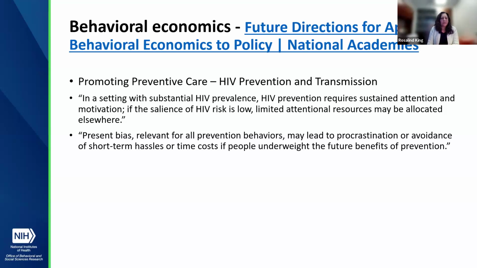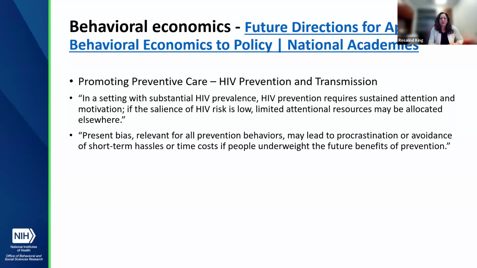Both of them are from the section on promoting preventive care, HIV prevention and transmission. The first example addresses the limits of attention in varying contexts. In a setting with substantial HIV prevalence, HIV prevention requires sustained attention and motivation. If the salience of HIV risk is low, limited attentional resources may be allocated elsewhere.